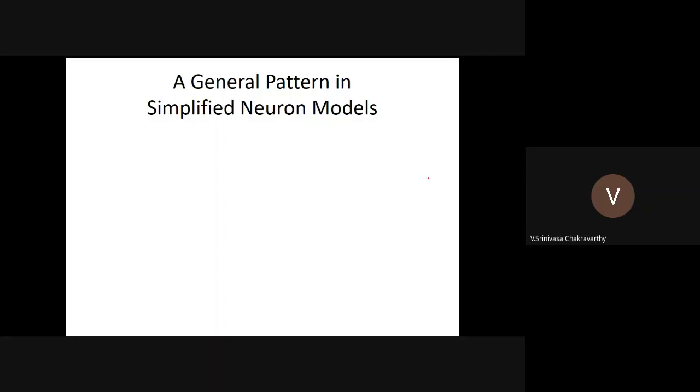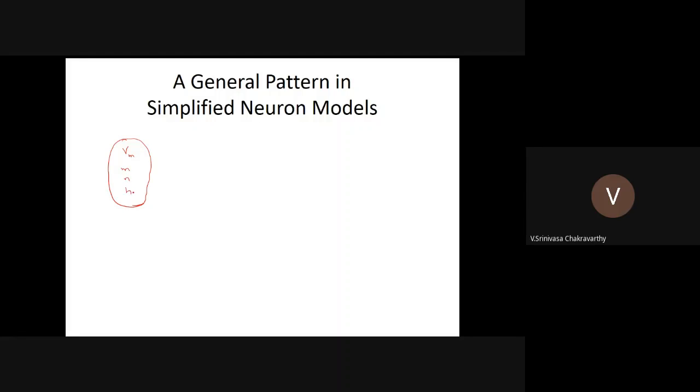Okay, so we have seen three different models of simplified neuron models. Basically, in all these models, we take a cell model. It has a bunch of ion channels, and there are different variables which describe the dynamics. There is a membrane voltage, first of all, and then you have some gating variables.